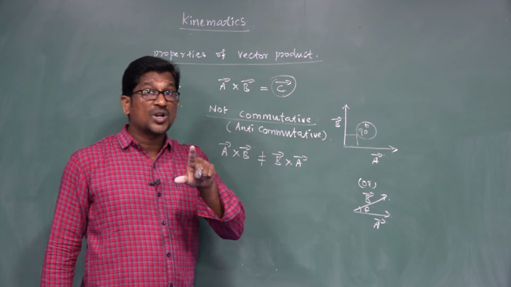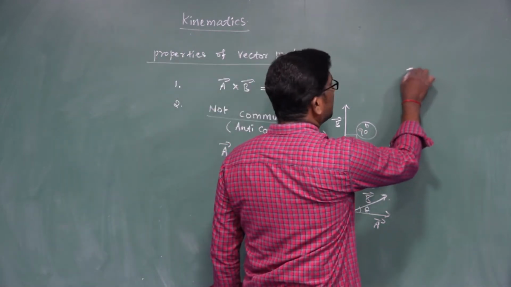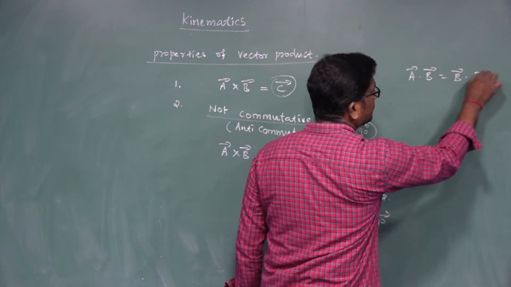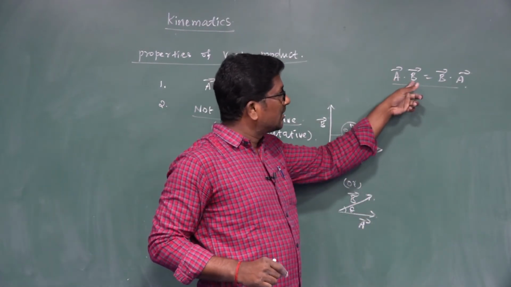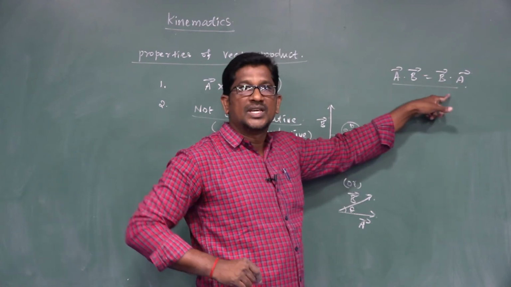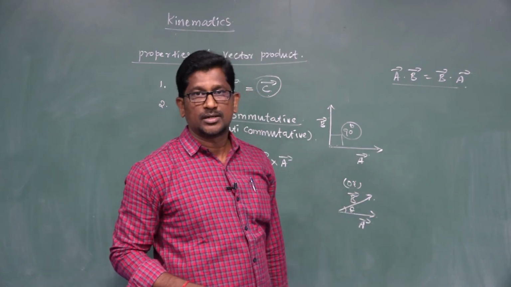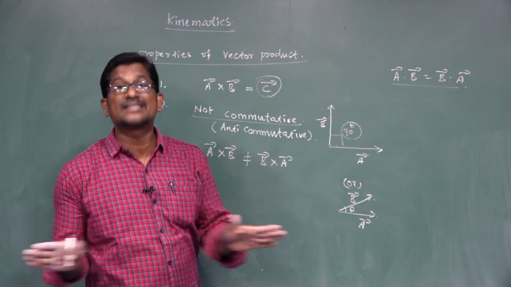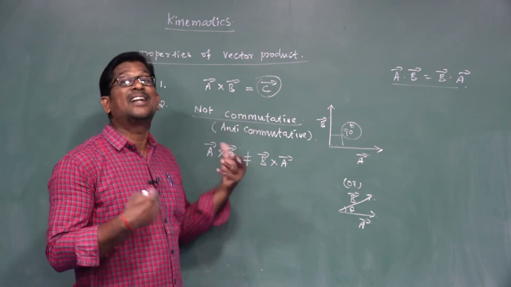But the scalar product of two vectors is commutative, because A vector dot B vector is equal to B vector dot A vector. These two are equal because the scalar product of two vectors obeys the commutative law. But the vector product of two vectors does not obey the commutative law. So it is not commutative, but anti-commutative.